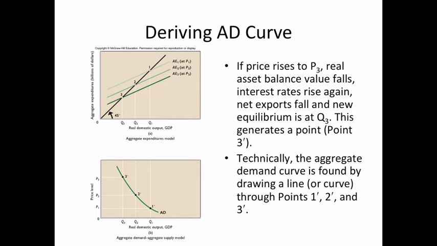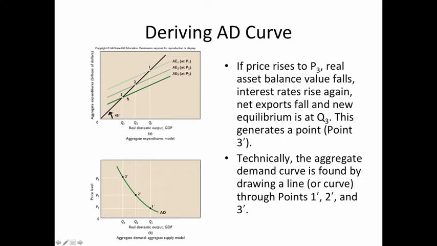Then finally, we just do it one more time. Again, we can go ahead and increase the price level, depicting more inflation in the economy. Goods and services are becoming more expensive. Again, we expect the aggregate expenditures in the economy to fall, so the aggregate expenditure line will shift down.